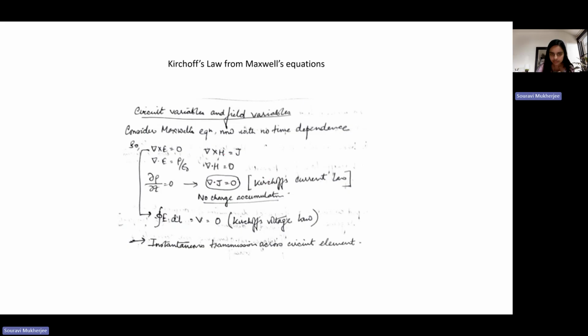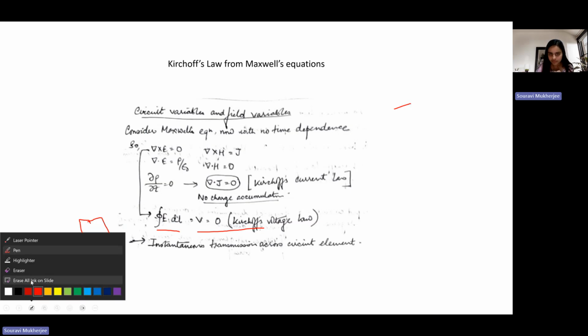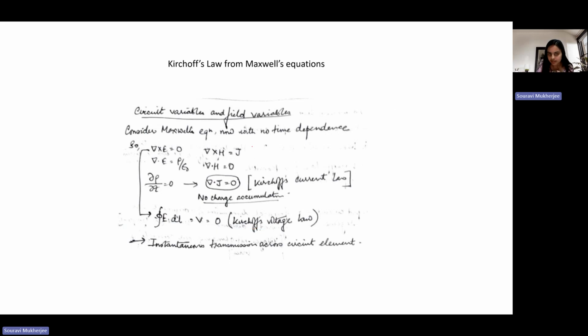And that is what you also get here. Over a closed line integral, that means when you do it over a loop, the effective potential drop should algebraically sum to zero, right? That's Kirchhoff's voltage law. So basically, they're coming back to us from Maxwell's equations, okay?